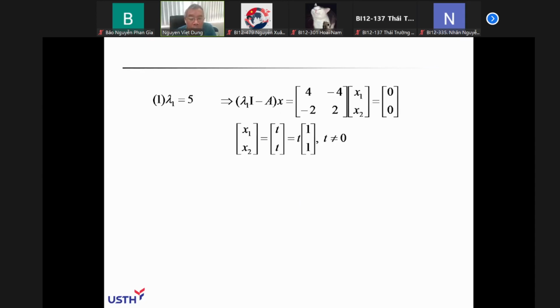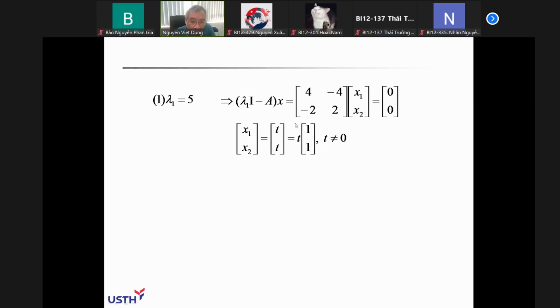This homogeneous system of linear equations is very easy for you to solve, so I write the solution here. It should be something like that, and we can write it as t times (1, 1).